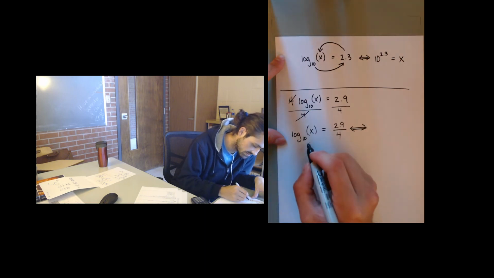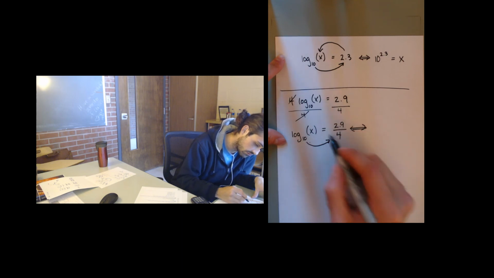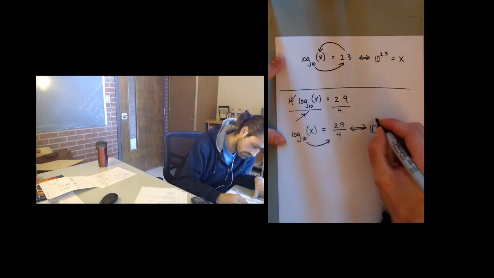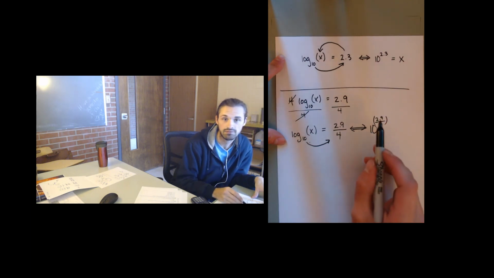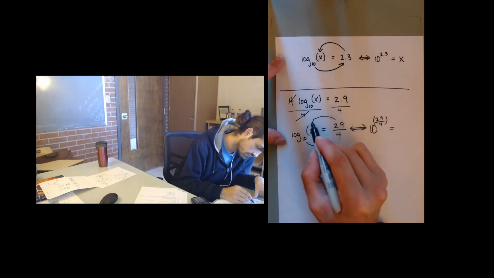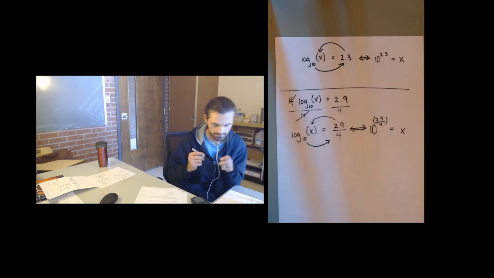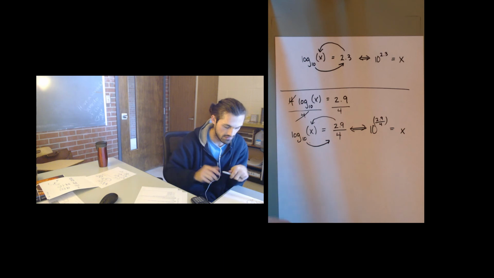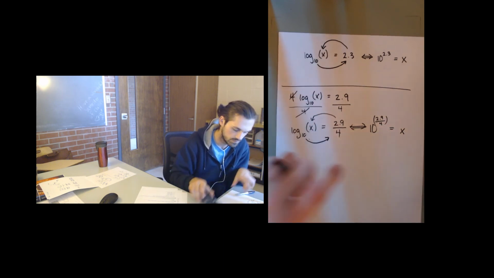So this, in terms of an exponential, would be 10 raised to this power, so 10 raised to the 2.9 over 4 must be equal to what's inside of my log argument, which is x.